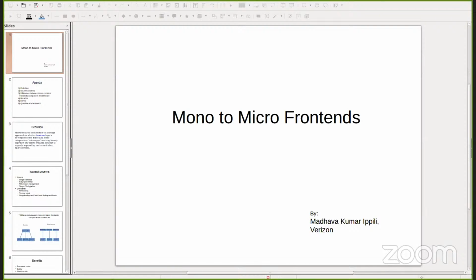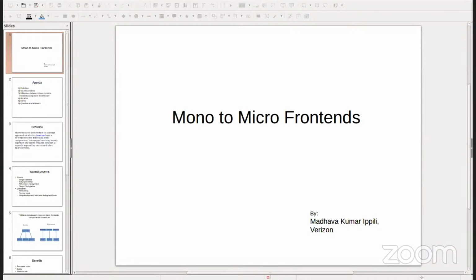What are the differences between mono and micro front-ends, and what would be the benefits if we plan to shift our existing paradigm of implementing a website to a micro front-end component architecture? I planned for a demo, but due to some constraints I couldn't make it today, and we can discuss questions and answers as well.